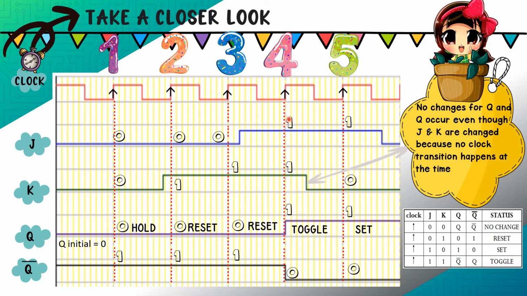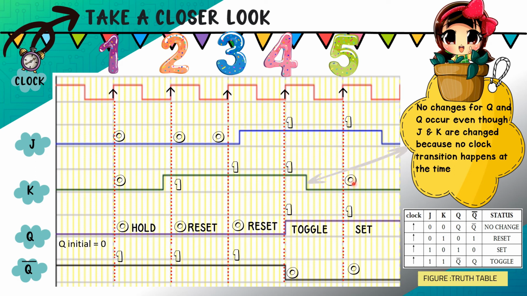Take a look at the fourth clock. Both inputs J and K are 1. According to the truth table, if both JK are 1, the output will toggle, which means the output state will change from 0 to 1 or vice versa. And lastly, at the fifth clock, the input J is 1 while input K is 0.